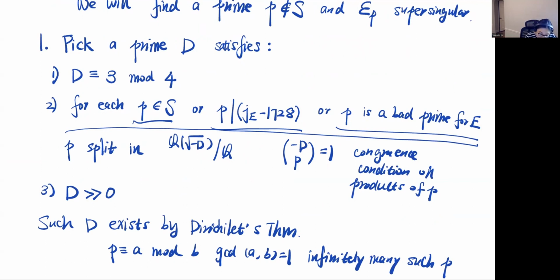This means that properties 1 and 2 give you a big congruence condition on D, and there are still infinitely many such primes, so that I can pick a sufficiently large one. Later on, I'll tell you how sufficiently large.